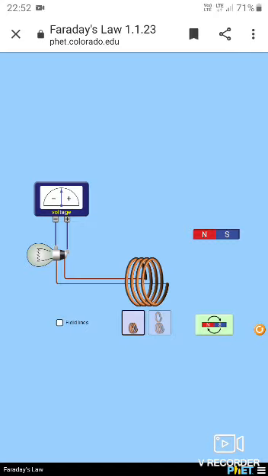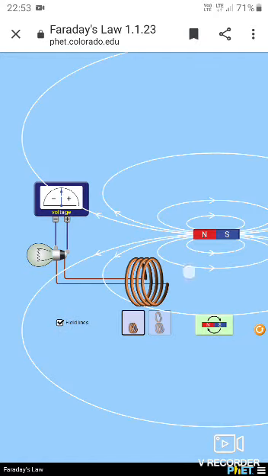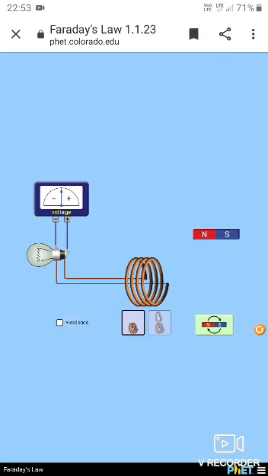Usually the magnetic field lines move from north towards the south. I'll show you the magnetic field lines. Can you observe now? Yes. The magnetic field lines emerge from the north pole and merge towards the south. Now I'll take off these magnetic field lines. I'll come back to them later.